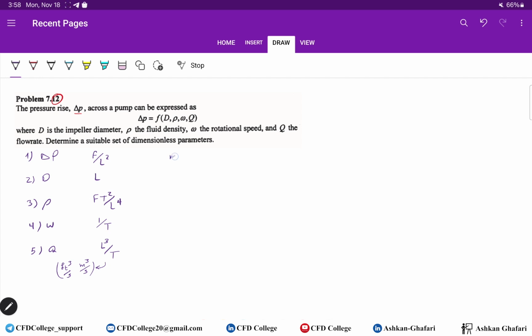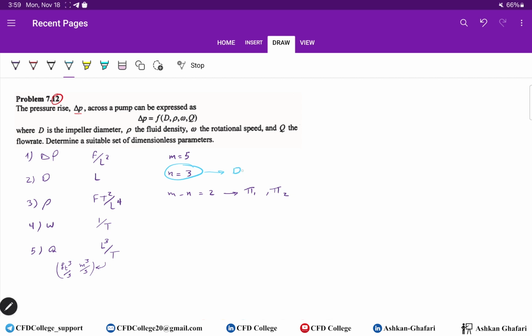So we have 5 quantities, 3 fundamental units. So we will have 2 dimensionless numbers, pi 1, pi 2. We should pick 3 of these quantities as repeating variables.